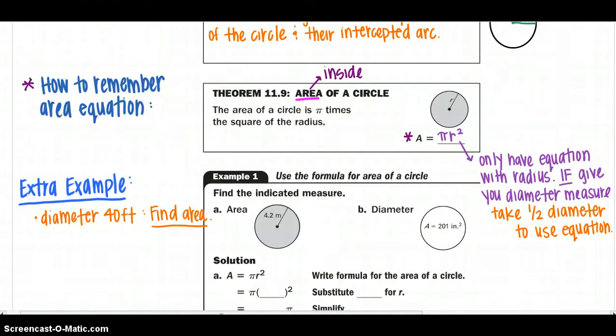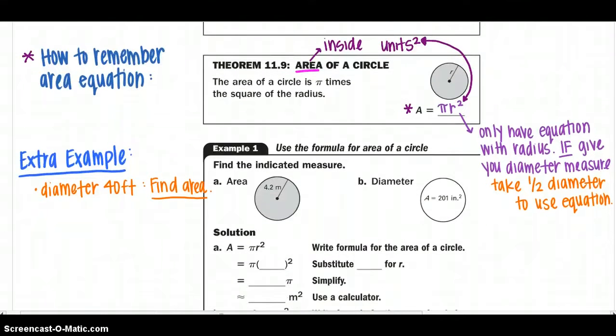Just remember that in your area, you're always dealing with units squared. So I try to remember that squared and squared will always be used within the same problem. That's kind of how I differentiate the equations.